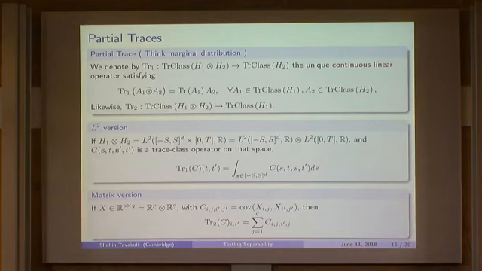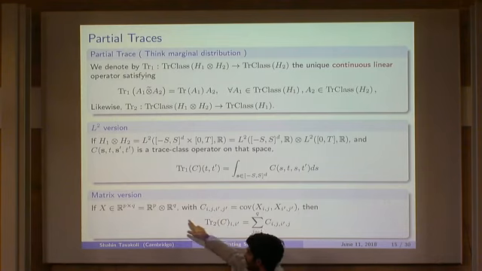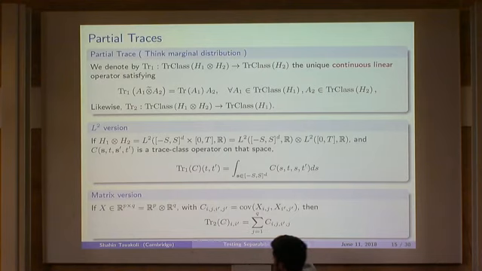And this partial trace, what is it? Well, if you look at matrices, if I have a matrix C that is indexed by I, J, I prime, J prime, where the indices I and I prime are from 1 to P and J and J prime are from 1 to Q, then what is the partial trace of C? That's an operator on R^P, so it's indexed by I and I prime.